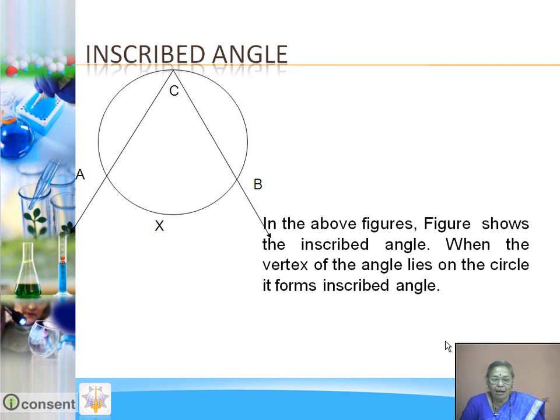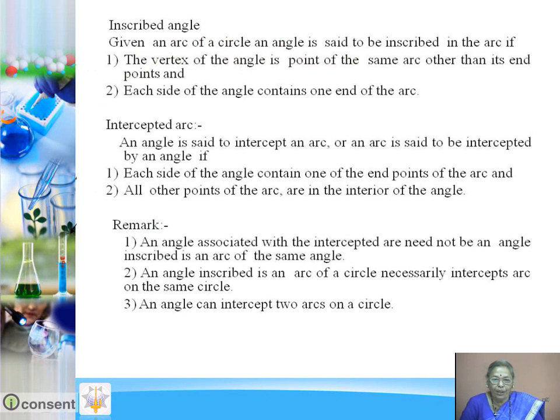So, when the angle is formed with its vertex on the circle, this angle is called an inscribed angle. This inscribed angle intercepts the arc AXB.